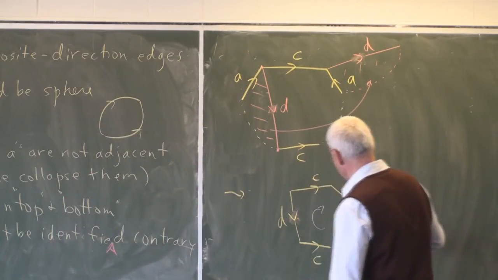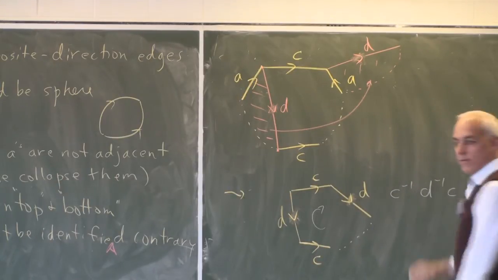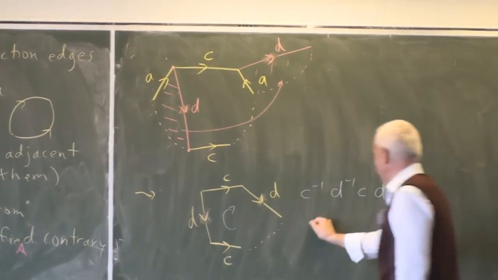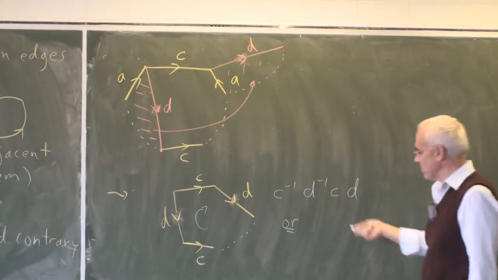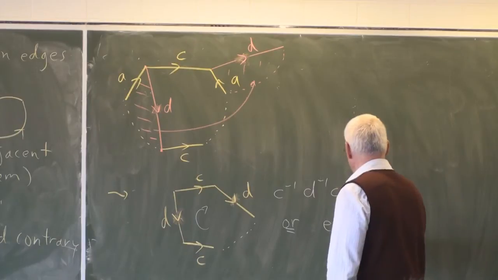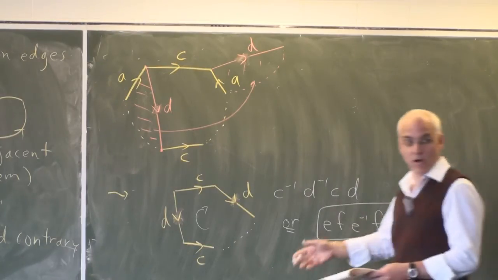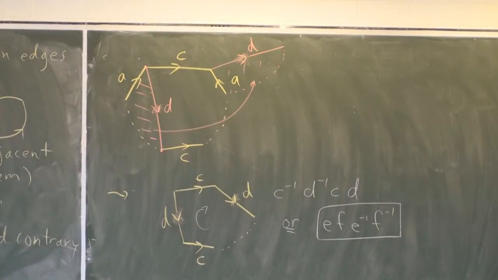Okay, if I read it this way, for example, I would get C inverse, D inverse, C, D. Or I prefer to write it with the inverses at the back. So let's say E, F, E inverse, F inverse.